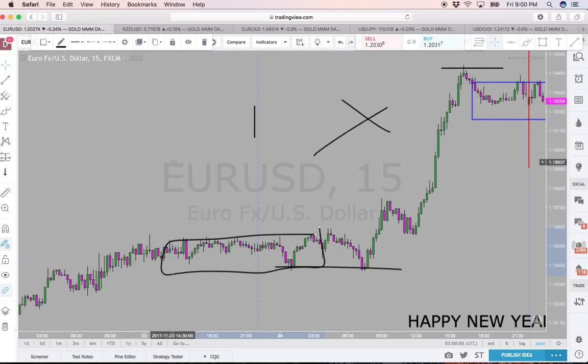It can be a 1 pip stop hunt plus spread. Remember, spread is sometimes 5 pips on some brokers. 5, 8 pips, even 10, 20 pips, depending on if there's a news event. So the spread is really important, you guys.